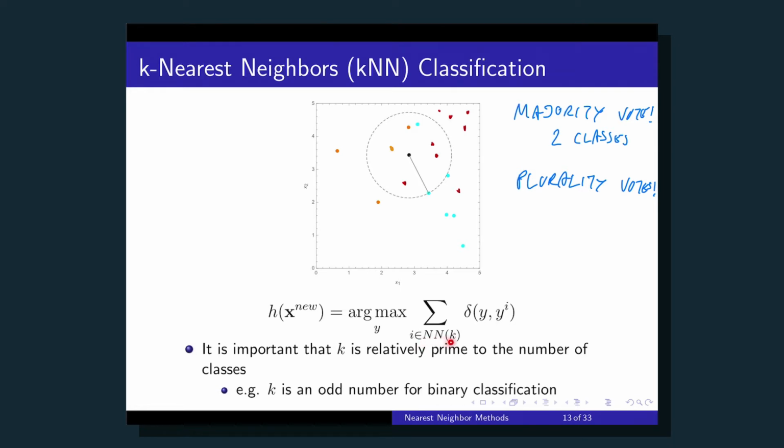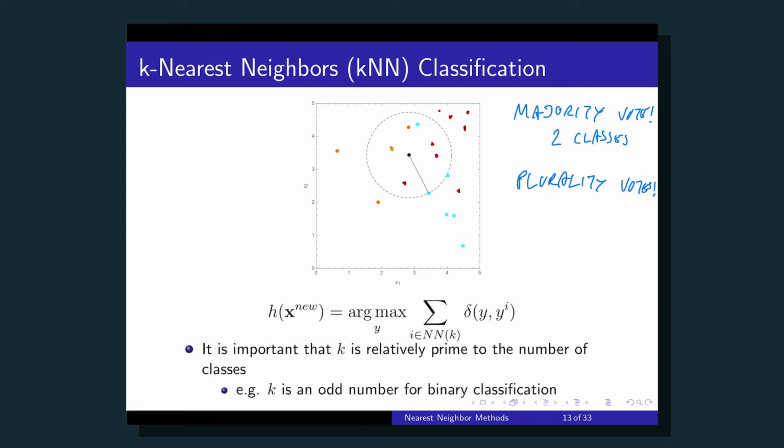So within all points of the k-nearest neighborhood of the new point, look at how many agree. And this function, by the way, is what's called the Kronecker delta. It's a very simple function.